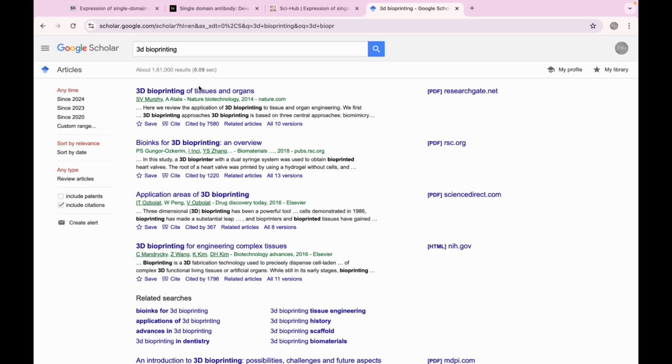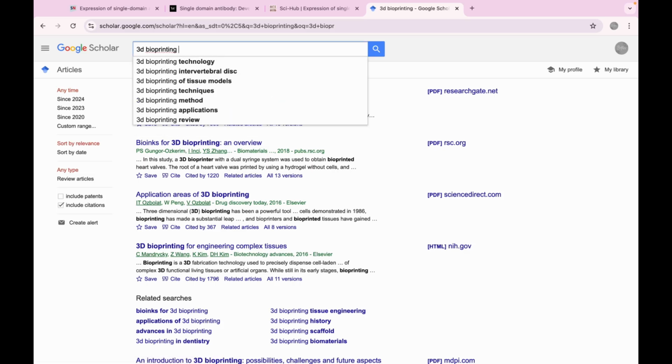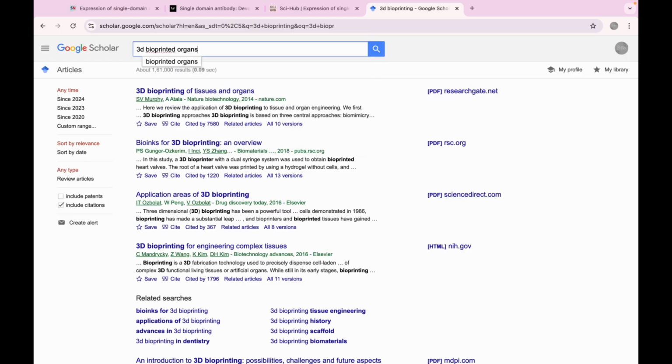Okay, so let's see, 1 lakh papers are there. It is an emerging technology, I would say, but fairly less work has been done on it. Now let's see what we are going to talk about: 3D bioprinted organs.